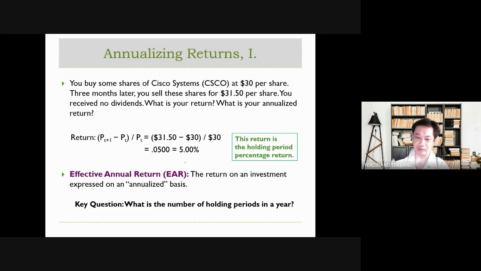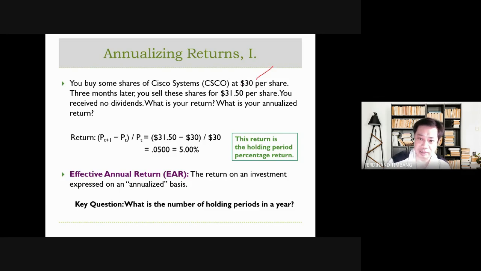Okay, so annualizing returns. So how do we annualize the return? Also, what is an annualized return? One under the annualizing returns is the effective annual return. That is the return on an investment expressed on an annualized basis. So example tayo. You buy some shares of Cisco Systems at $30 per share.